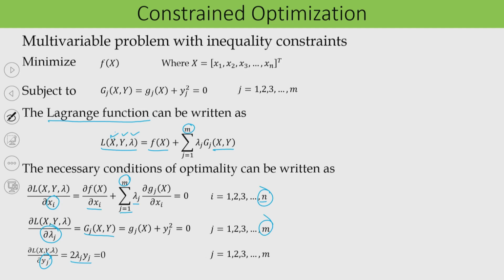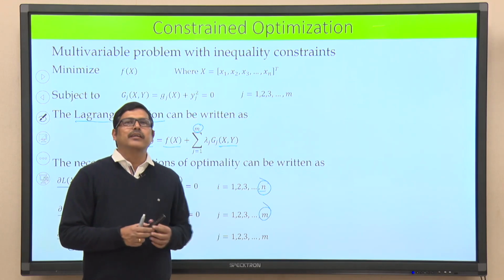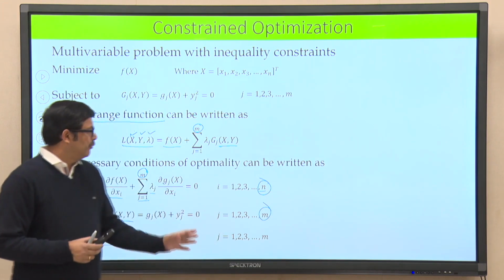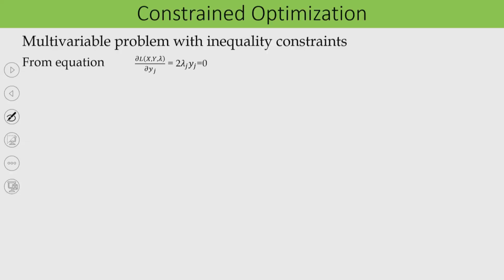These equations we get from the necessary condition of optimality. We have already discussed that in the last class, and I think you are quite comfortable with this equation now. Now, let us take the last equation: the derivative with respect to y j, which is twice lambda j y j equal to 0.